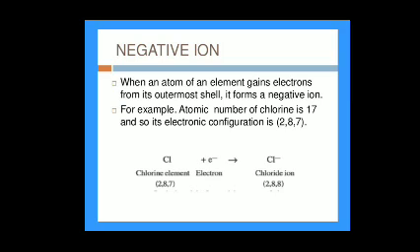Then the chlorine atom gains one electron from another atom to get the nearest inert gas argon configuration, that is 1s2, 2s2, 2p6, 3s2, 3p6.